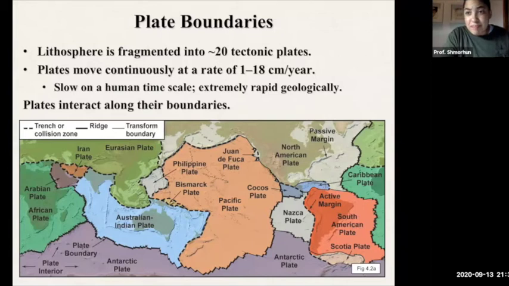Now, on average, that's about 3 to 5 centimeters per year, which essentially is as fast as your nail grows in 1 year. Now, on our human time scale, that is extremely slow. But if we are looking at the entire geologic history and our geologic timescale, which spans with the formation of the Earth about 4.56 billion years ago, that is extremely rapid geologically speaking.